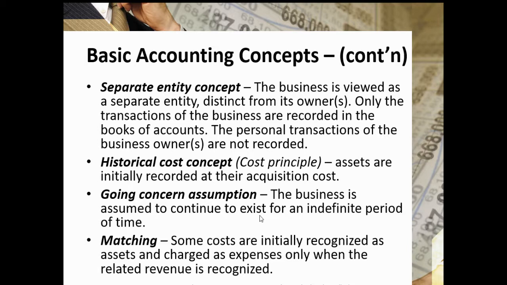Pero eventually, pag nabenta mo na yung inventory na yon, may mare-record kang revenue dahil nga nabenta mo na siya. Pero at the same time, yung unang asset na na-record mo, kailangan mo na rin siyang i-record as expense kasi may kabangga na siyang revenue pag nabenta mo na siya. So, yun yung matching principle.